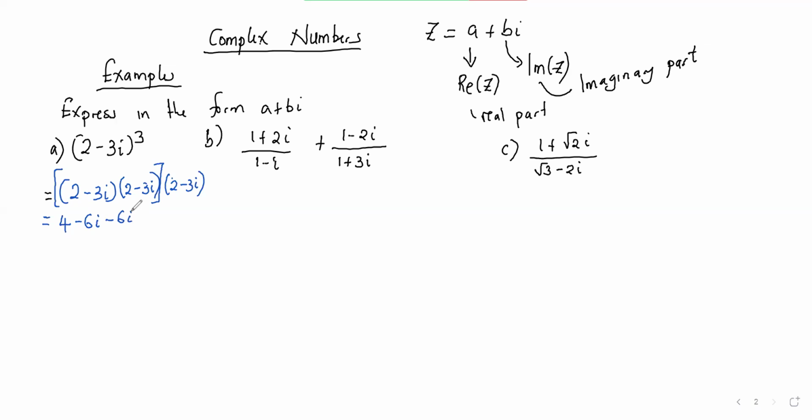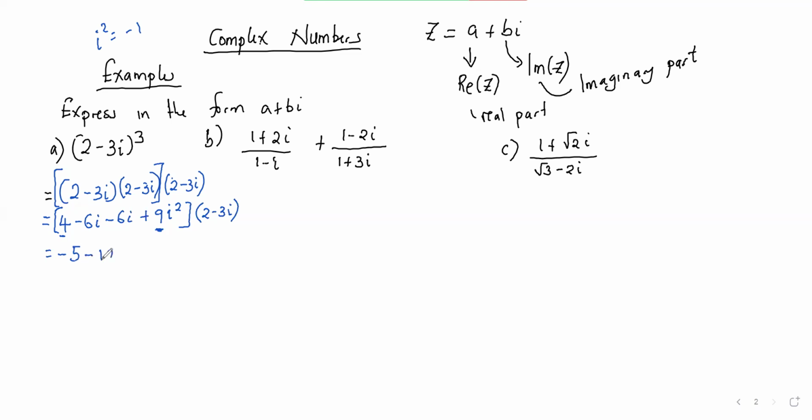And then minus 3 times minus 3, it's positive. i times i, it's i squared. So we maintain this, and then we're multiplying by 2 minus 3i. Then we come back. What is i squared? i squared is equal to -1, meaning we have a -9 here.